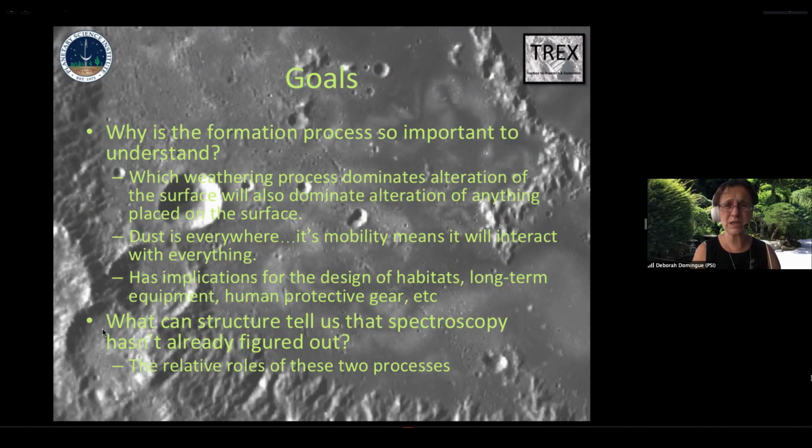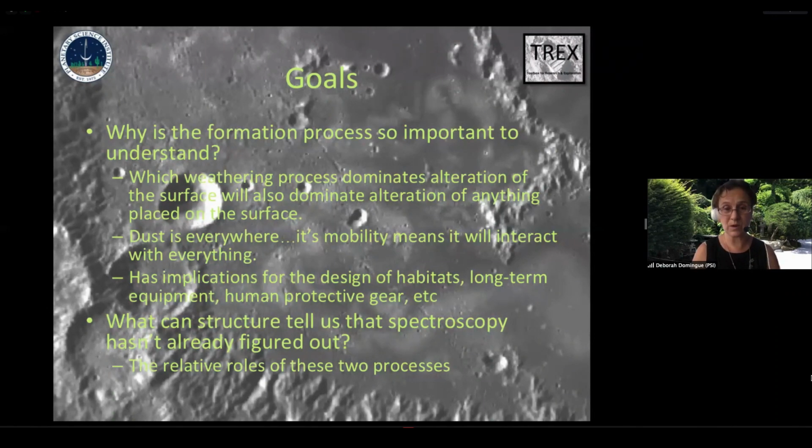Why is it important? We really do want to have an understanding of how these features form. Dust is everywhere. One of the things for going back to the moon is, how do we deal with that? And what kind of mobility does it have? Because we're going to have to design our habitats, our equipment, our protective gear for our people with that in mind.